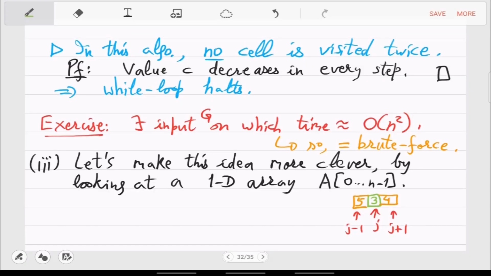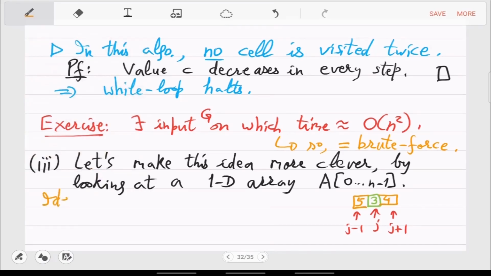Suppose the left value is 1 and the right is 2, then what will happen? Then it should go to the side which is smaller than 3, which is 1, on the left. So it will go to the left half. This would be the idea. You have to analyze this. Right now there is no reason why it should work.